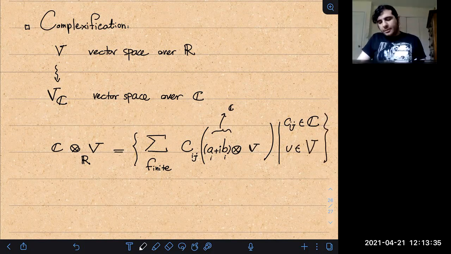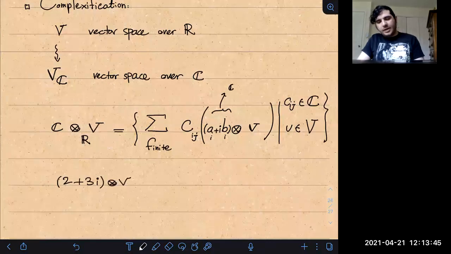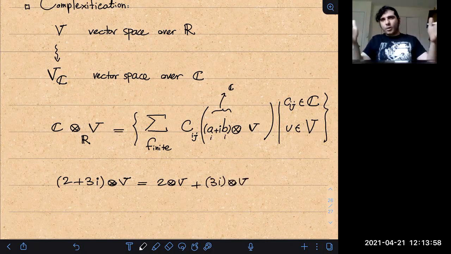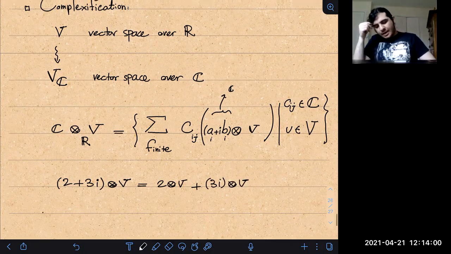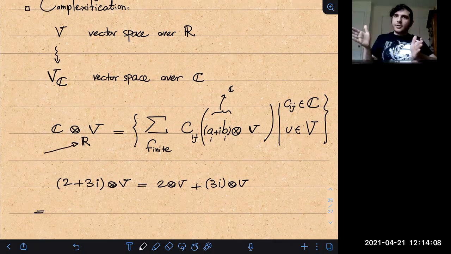So the point is that the elements in this space can be, for example, of this form. They can be 2 plus 3i tensor V. And anything like this can be written as 2 tensor V plus 3i tensor V, right? This is an example of one element in this space. Now, remember, the tensor is over the field R. It means only real numbers are allowed to go to the other side of the tensor product.